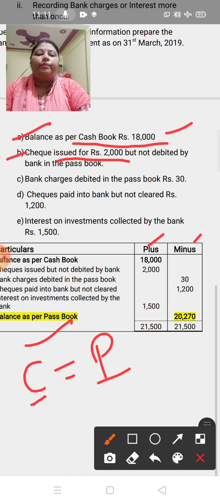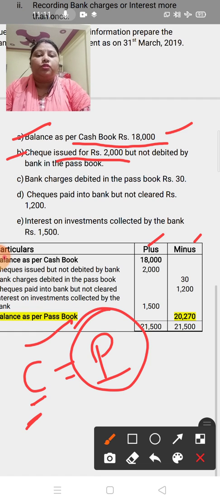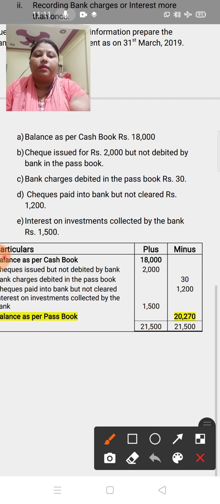So the first transaction is check issued. It means it is subtracted from the cash book, but it is not subtracted from the passbook. So what you have to do? You have to add it in the cash book, then the amount will be equal to the passbook. Let us take an example.